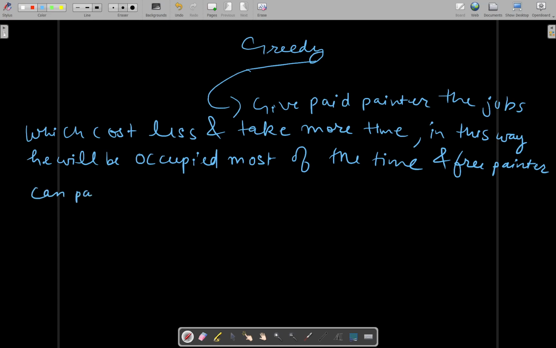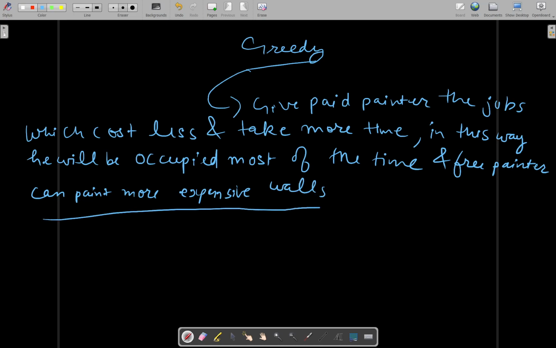But this greedy approach will not necessarily work. We have to try out all the combinations.